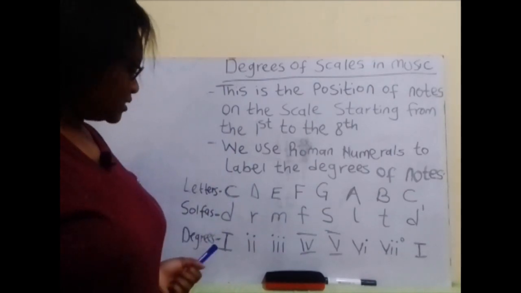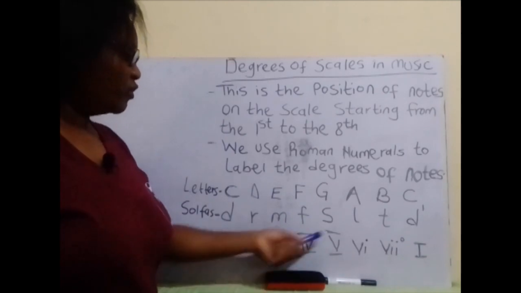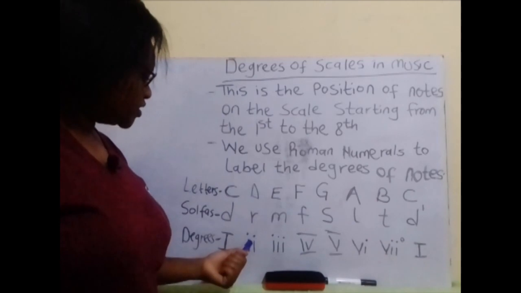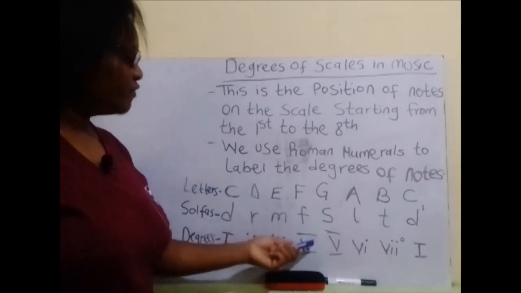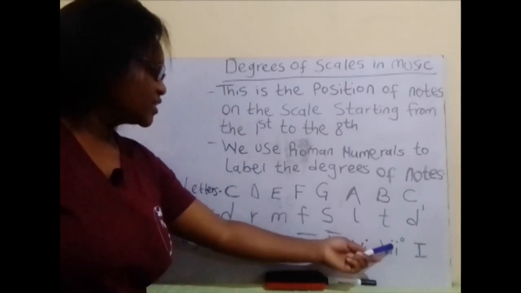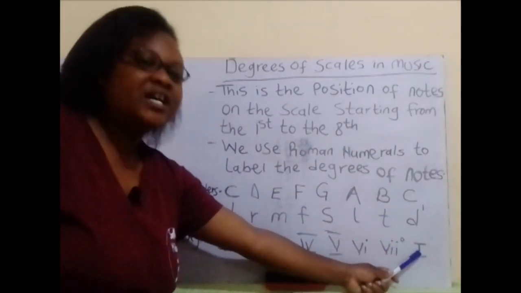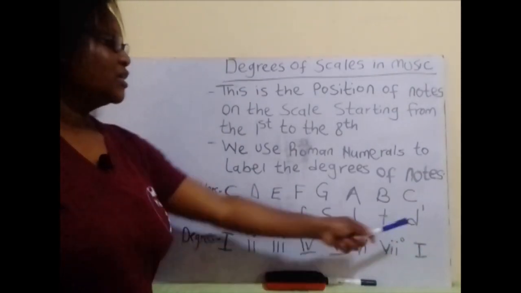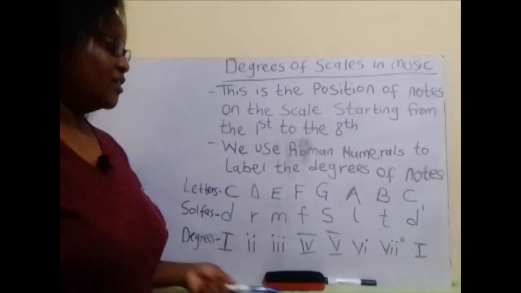So that is it: 1, 2, 3, 4, 5, 6, 7, 8. First degree, second degree, third degree, fourth degree, fifth degree, sixth degree, seventh degree, and then again we have the first degree here. This one is the same as this, but an octave higher.